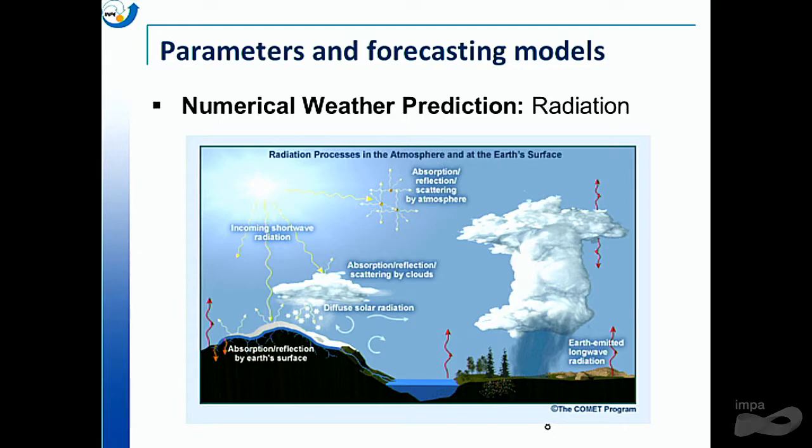Another complication is when you have different covering over land: water, snow, vegetation, mountains. This is a very complicated problem, because all of these different coverings are different, and the ratio of the flux between gases and radiation in the atmosphere and at the surface is going to be different.